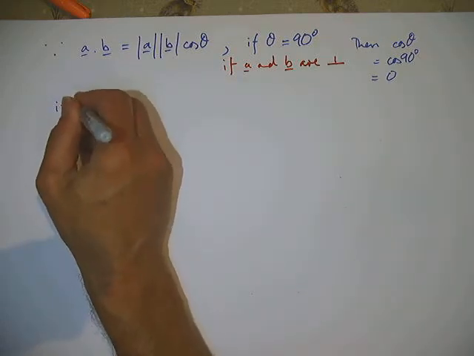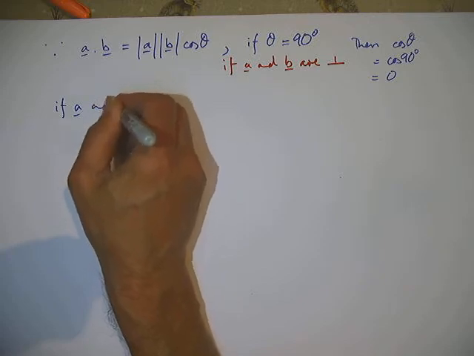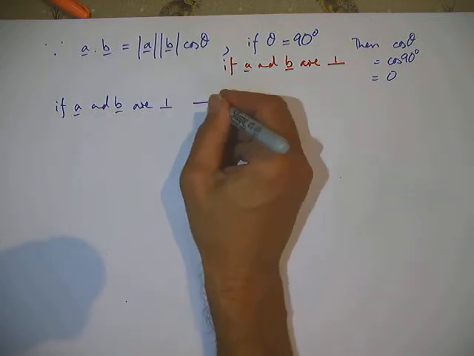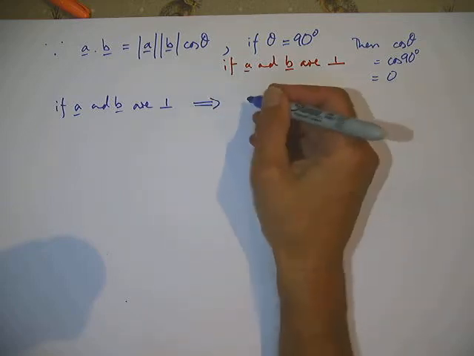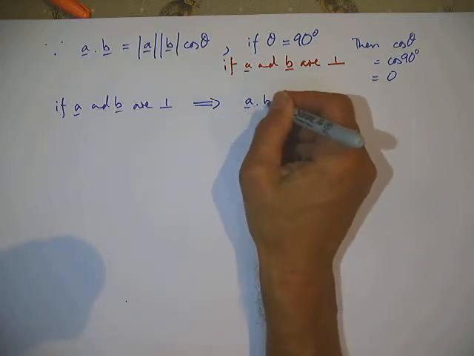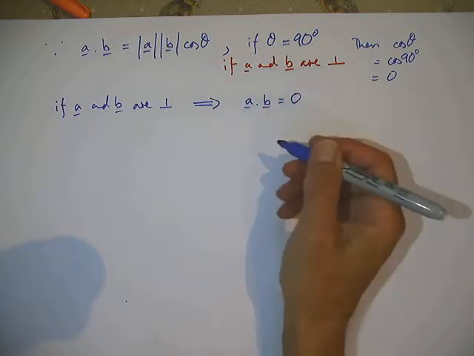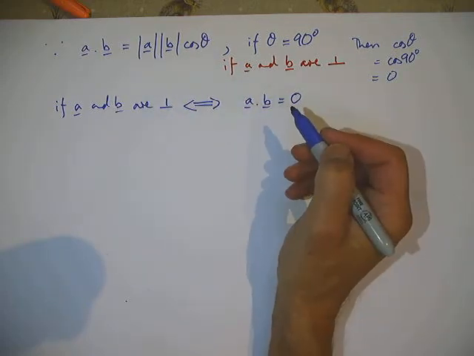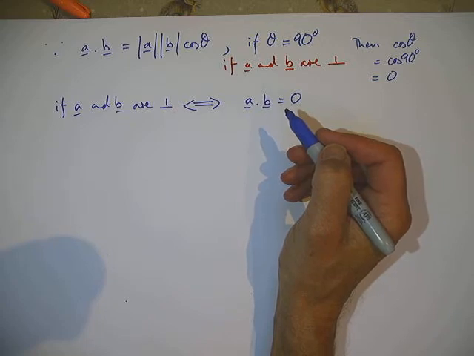If A and B are perpendicular, then A dotted with B is 0. If A dotted with B is 0, A and B are perpendicular. So it's a nice check for whether lines are perpendicular or not.